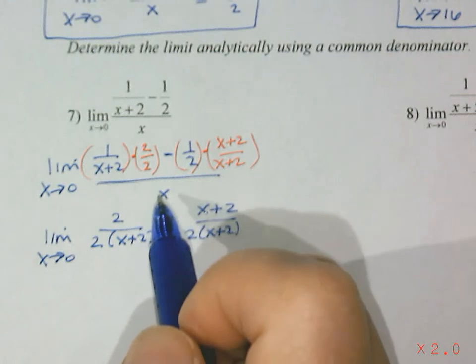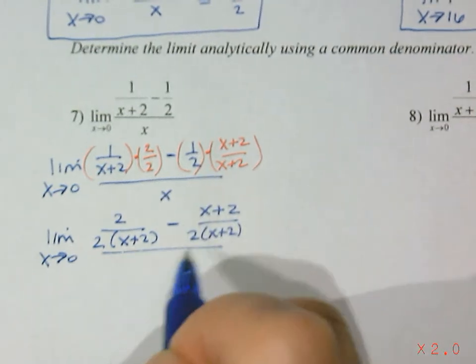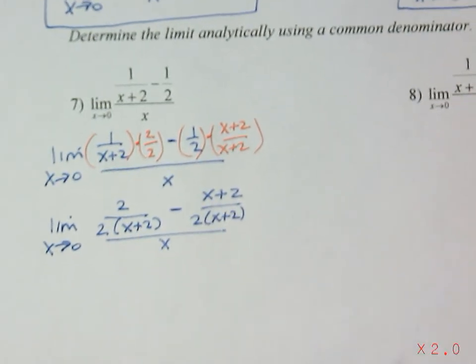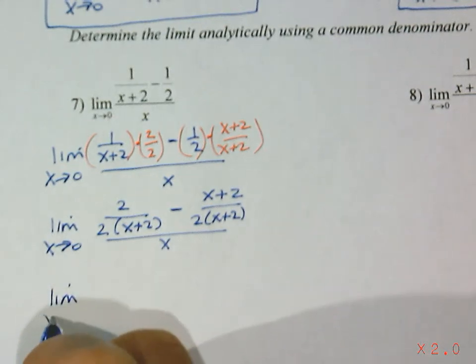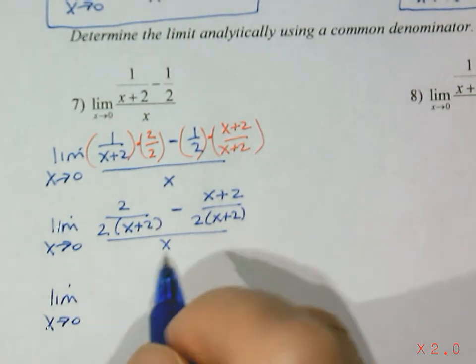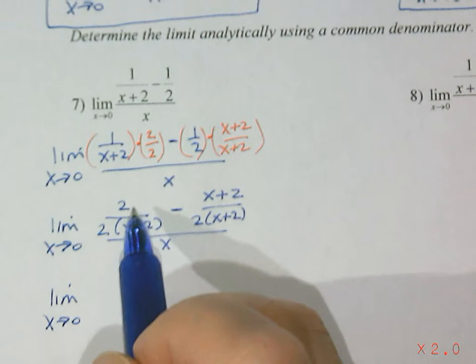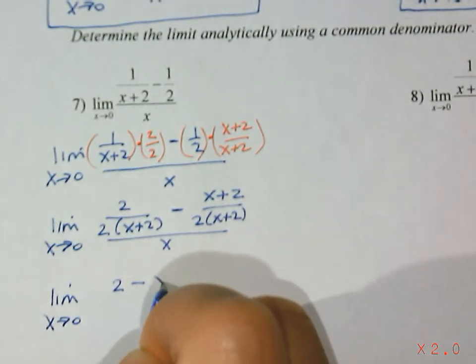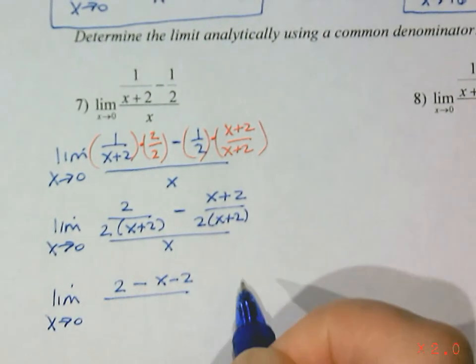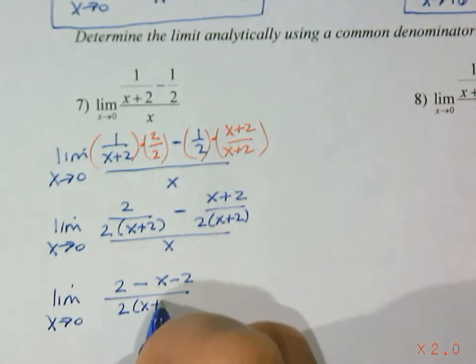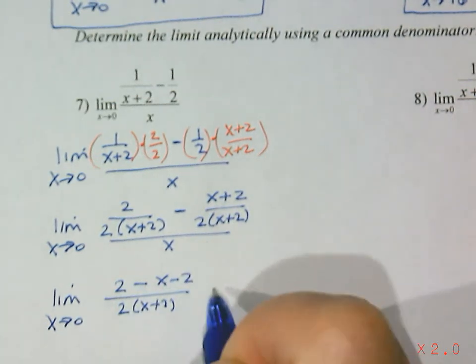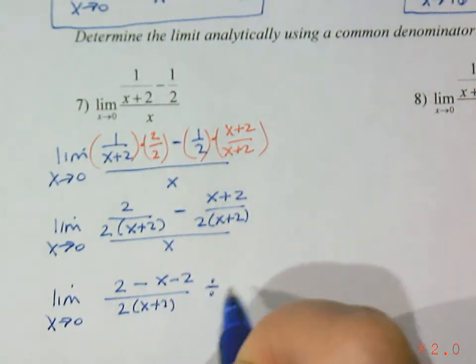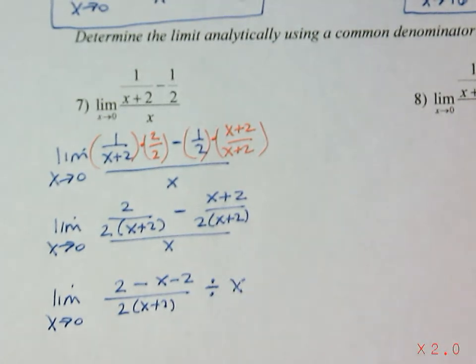And I'm dividing everything by x. So the limit as x approaches 0, I'm subtracting all this. 2 minus x minus 2 over 2x plus 2. I'm dividing by x. So I'm going to put a division symbol here and write the x.